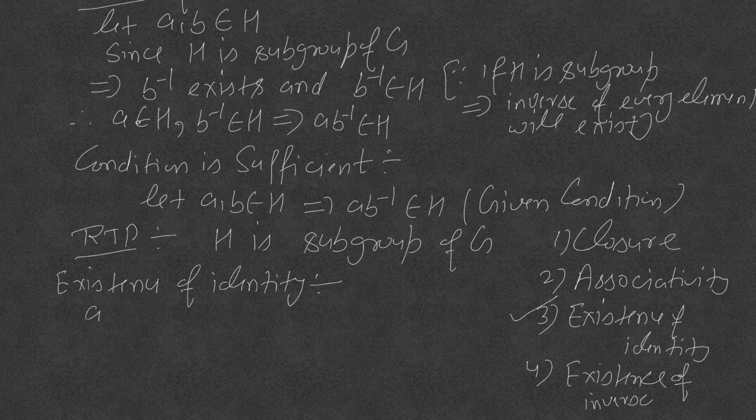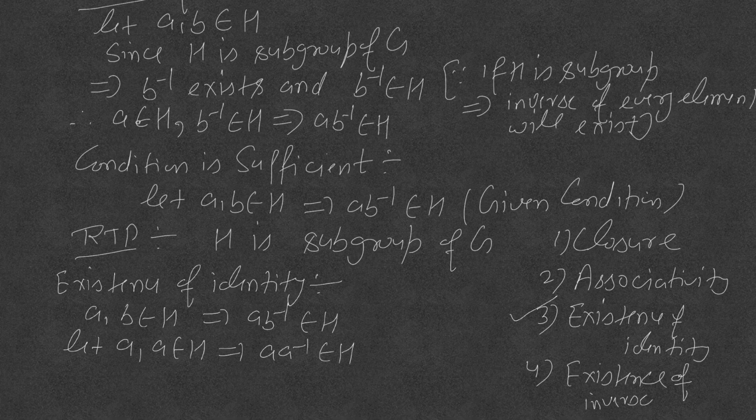We are given that A, B belonging to H implies AB inverse belonging to H. So if we choose A and A, the same elements, this implies that A inverse will belong to H, and we know that when any element is multiplied by its inverse, that gives the identity element. So H has the identity element, as a subgroup should. We have proved that H has the identity element.